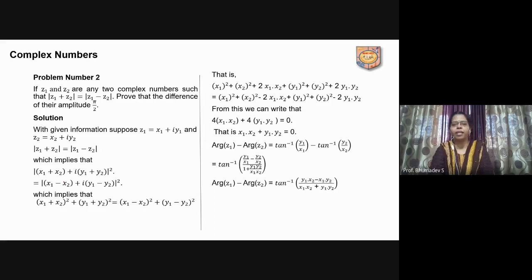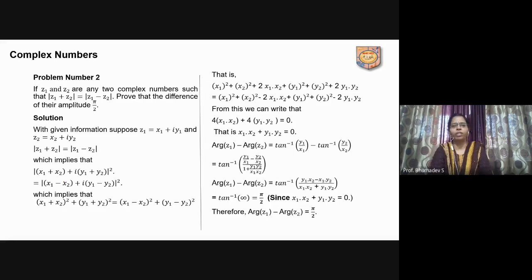So the denominator becomes 0 in this expression, which is tan inverse of infinity, since anything upon 0 is infinity. So tan inverse of infinity is pi by 2. So the argument of z1 minus argument of z2, which is the difference between the amplitudes, we get as pi by 2.